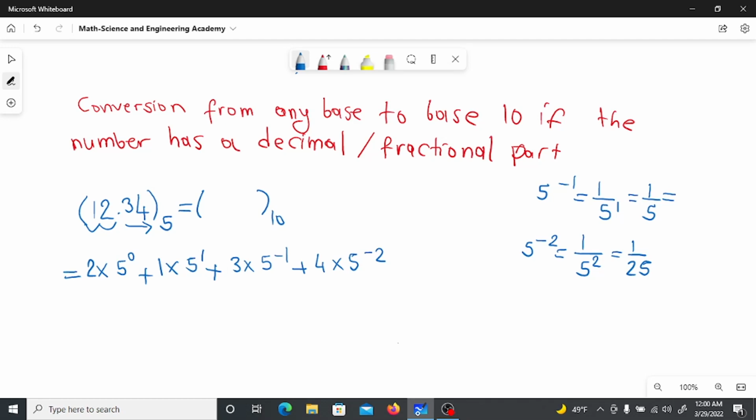Let's find the equivalents. 1 over 5 is 0.2. 1 over 25 is 0.04.